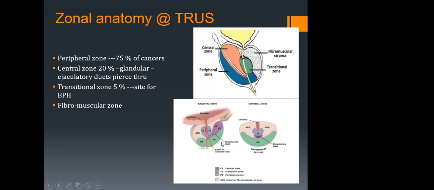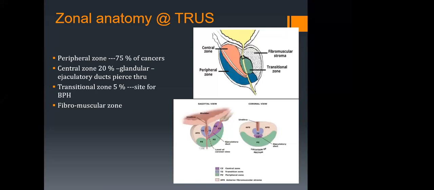Now, when we are doing transrectal ultrasound, most of the ultrasound machines that we have use the endocavity probes. Those are the probes you use for endovaginal, so they are the same probes we use here. But the difference is that when we use the endocavity probe, most of the machines on the market are biplane. They offer you views in only two planes.